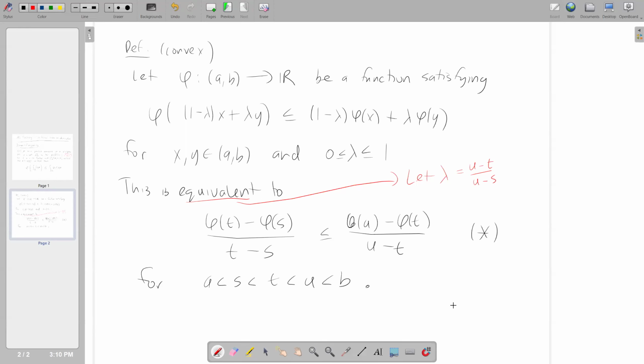So if you look at these inequalities, you can tell that the length of the interval from t to u, that's u minus t, is smaller than the length of the interval from s to u.